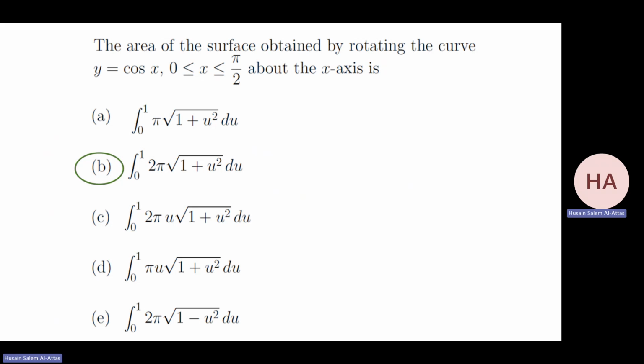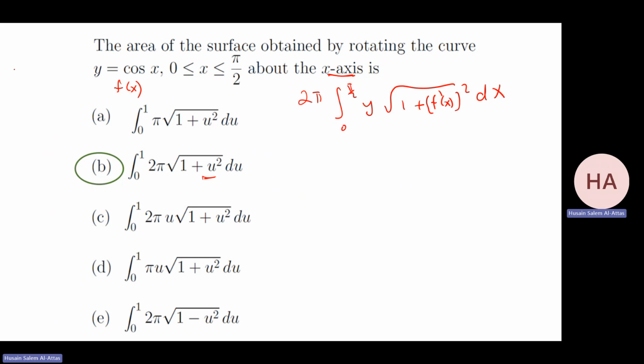The area of the surface obtained by rotating this function. So I have 2 pi about the x-axis, and I have the x value. This is f of x. So it's 2 pi integral from 0 to pi over 2, y square root of 1 plus f prime of x all squared dx.